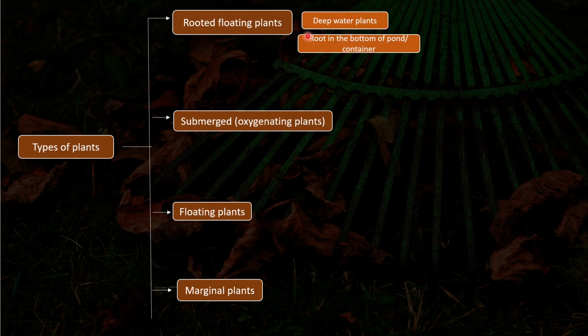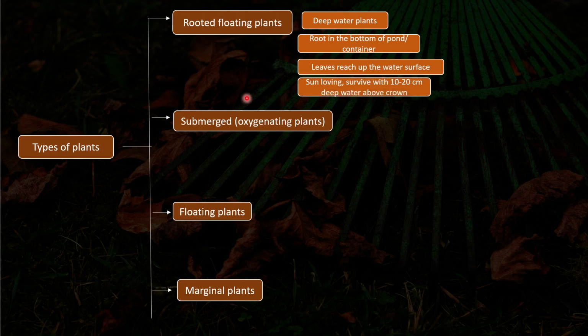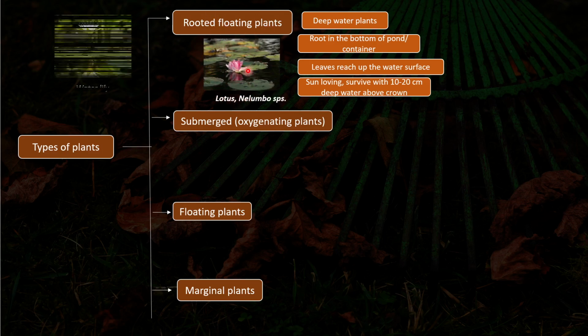These are the plants that have root in the bottom of pond or container. So these plants will have their roots at the bottom of the pond, and their leaves will float on the water surface, right? The best example of rooted floating plants are lotus or nelumbo and water lilies, right?